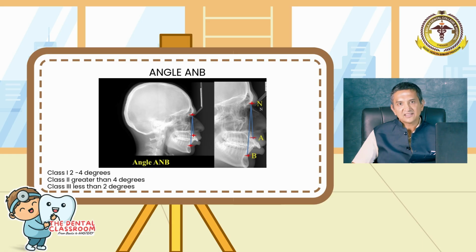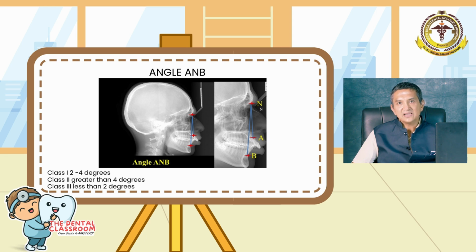In Steiner's analysis, it is the ANB angle. We join the A point, the N point and the B point, and ANB is mathematically equivalent to the difference between SNA and SNB.